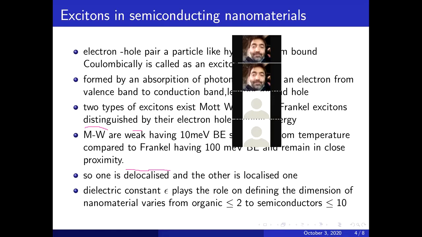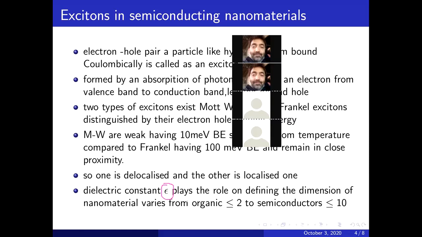So why does one kind of material show one type of exciton and another material show another type of exciton? This depends on the dielectric constant of the material, which varies from material to material.